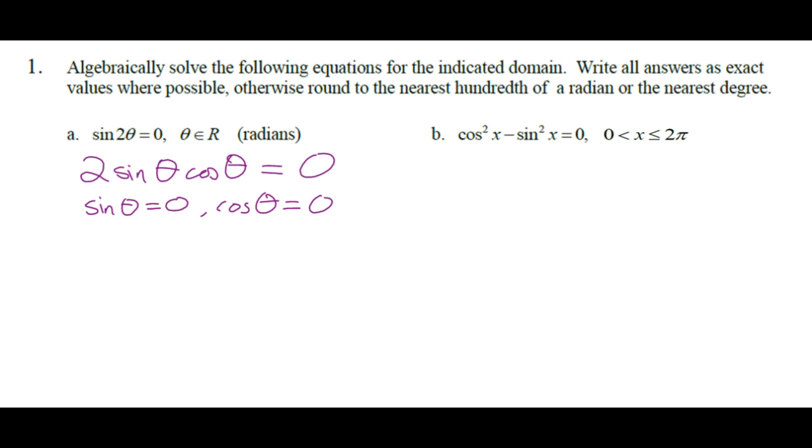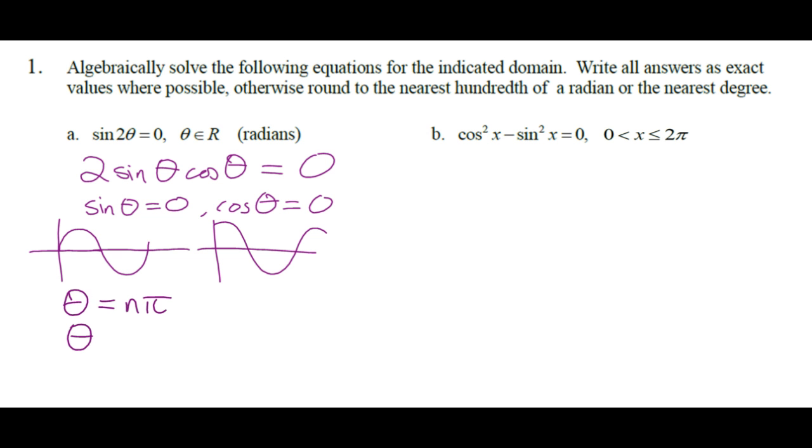Okay. And again, what I do is this. Okay, so I've got n pi, and then I've got pi over 2 plus n pi, where n belongs to the integers.